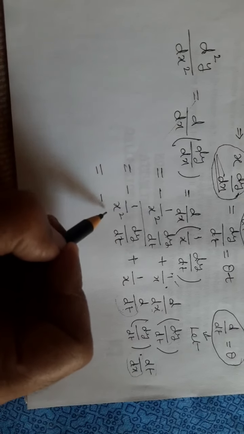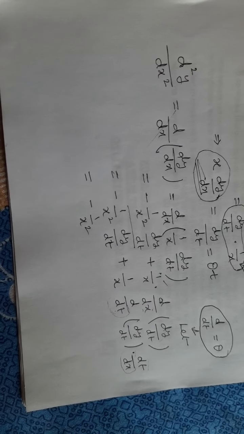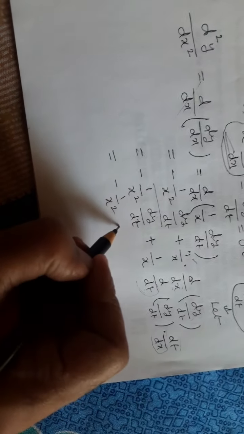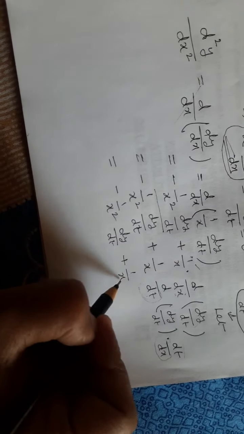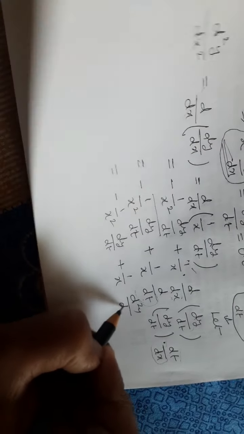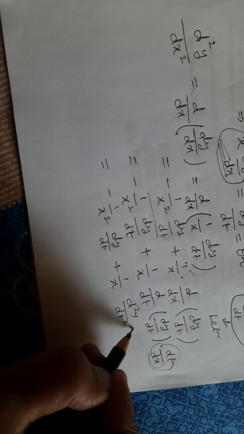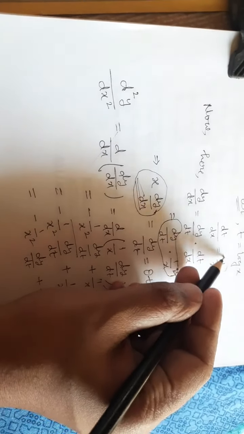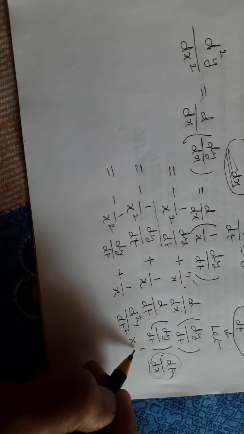Now we can write minus 1 by x square dy by dt plus 1 by x d square y by dt square, and the value of dt by dx is 1 by x, so we write 1 by x.